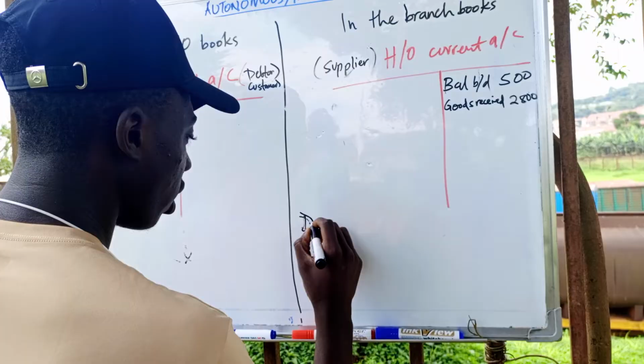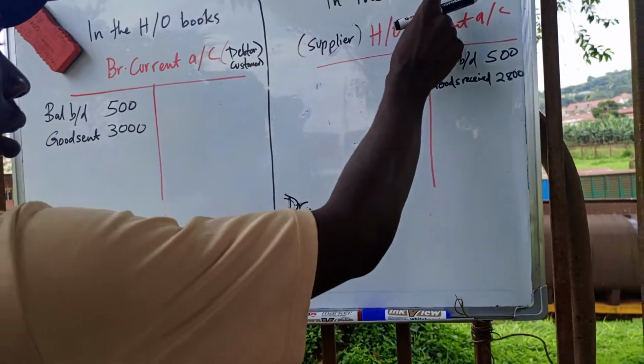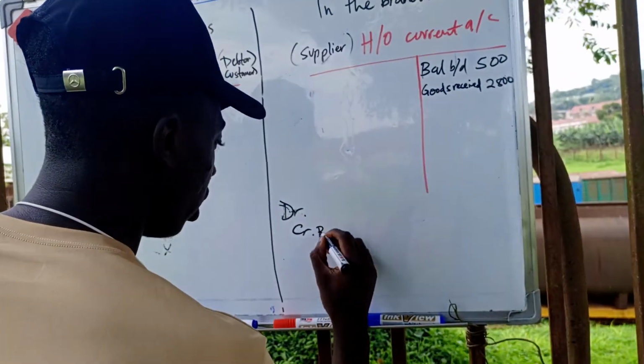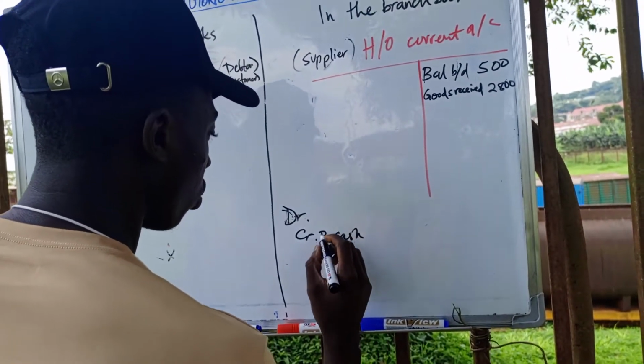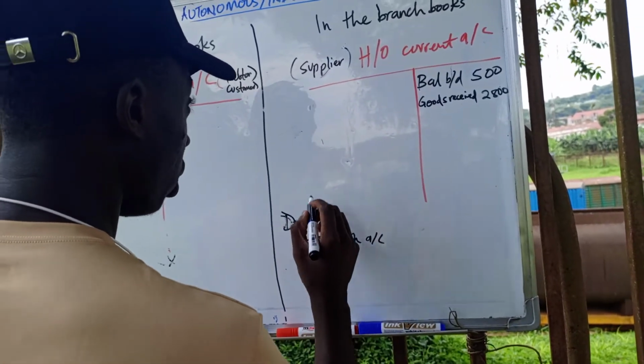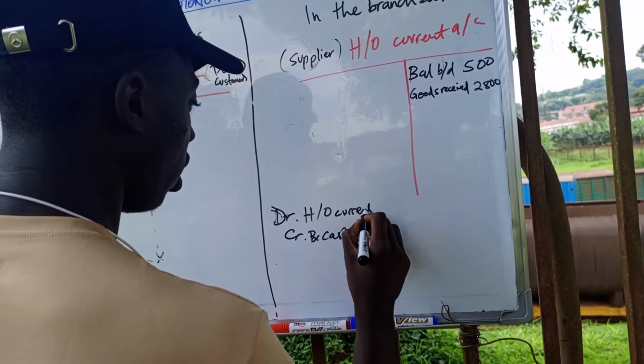So they are saying cash sent. It is the branch to send. That's why I'm operating the branch books. So when I send, I recognize a reduction in my branch cash. So I credit the branch cash or bank account. Then I show that it is going to my head office, so I debit the head office current account.